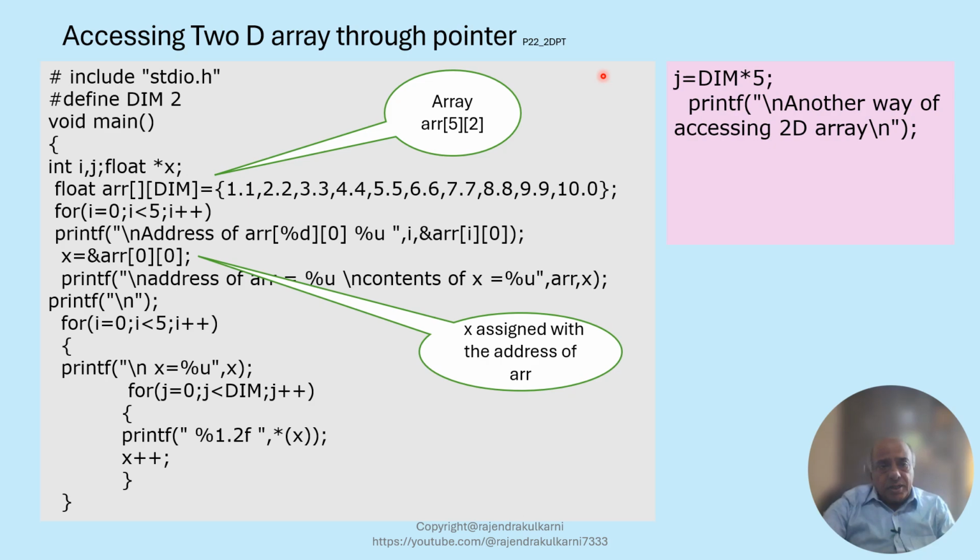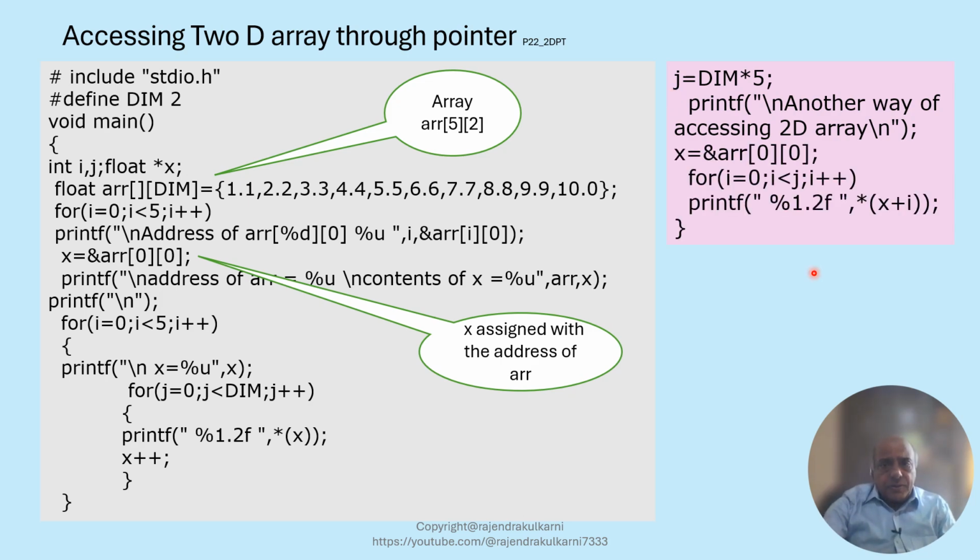Here dim is 2 and there are 5 1D arrays, so j becomes 10, and then by simply using one single loop and assigning the address of the 0th element of the array ARR to pointer X, we are accessing the values which are stored in the array as its elements through this star of x plus i expression.